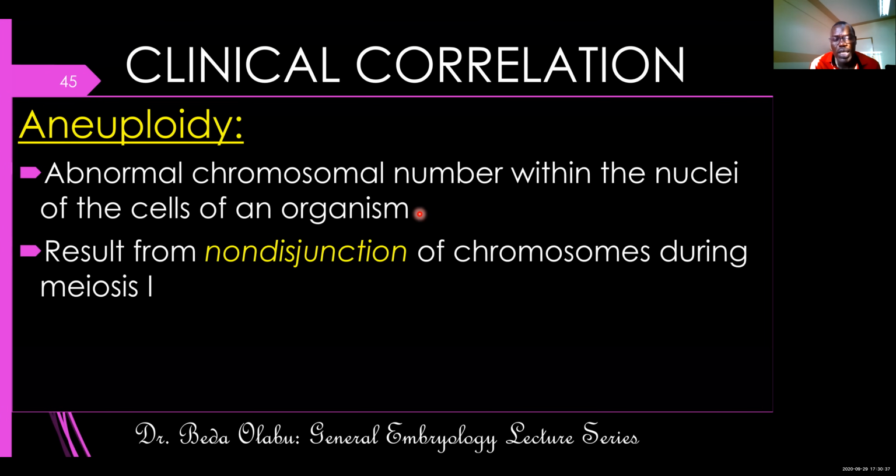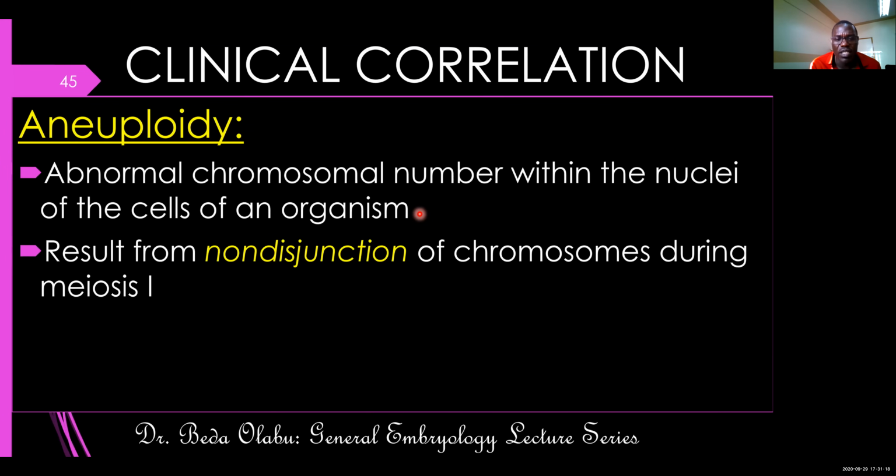If homologous chromosomes don't separate, then it means that the daughter cells, in this case, the secondary oocyte or the secondary spermatocyte, both of them will have abnormal number of chromosomes. One cell will have 22 chromosomes and another one will have 24 chromosomes.